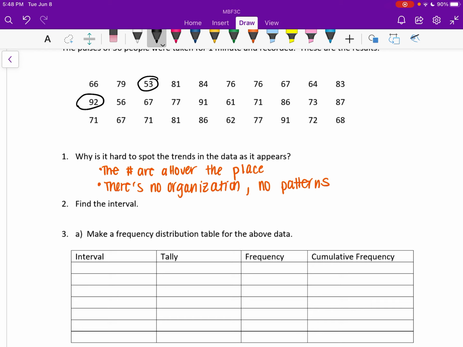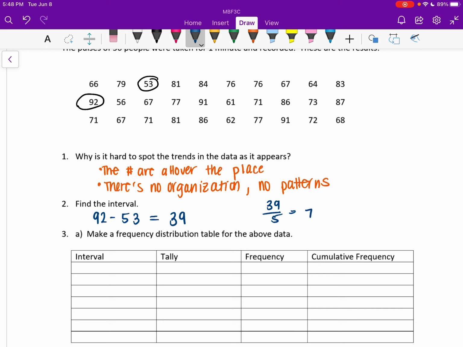So the first thing I did was find the interval. So I did 92 minus 53, which is equal to 39, right? So my number range is 39. So let's see what we can do. If we wanted to have an interval with 5, we would just do 39 divided by 5.